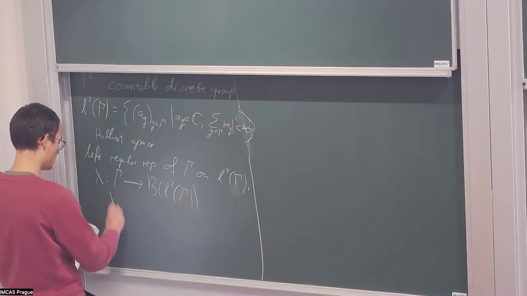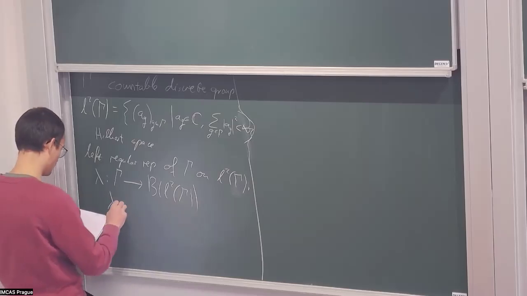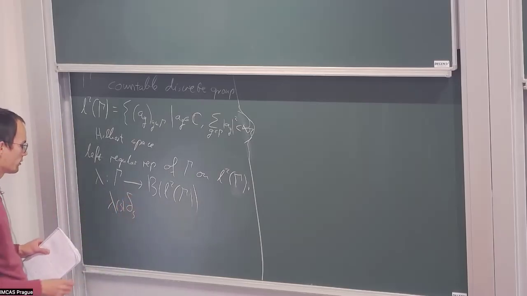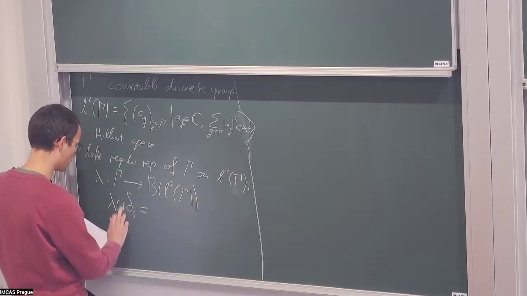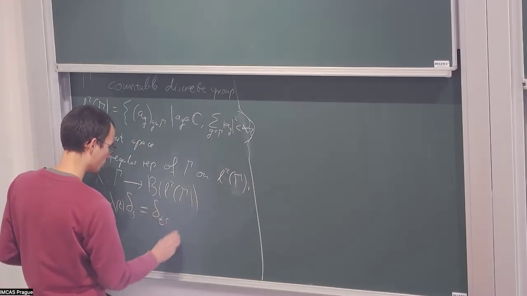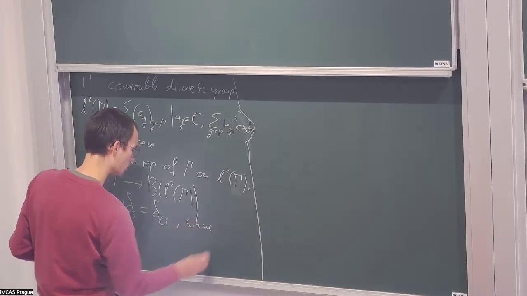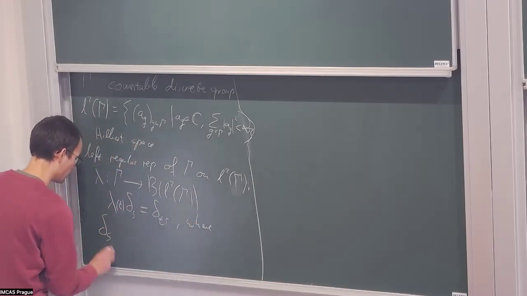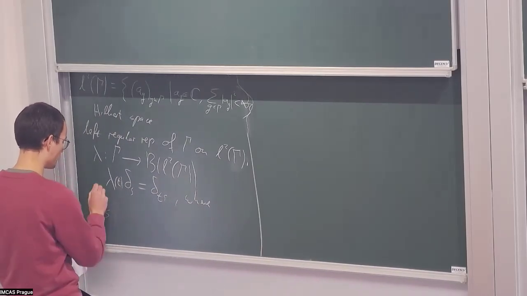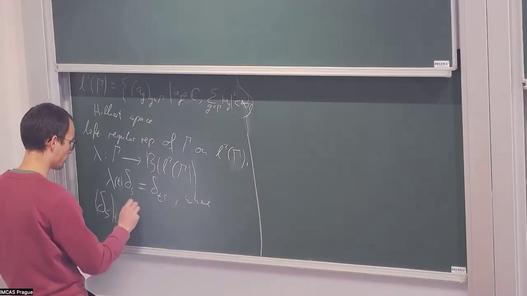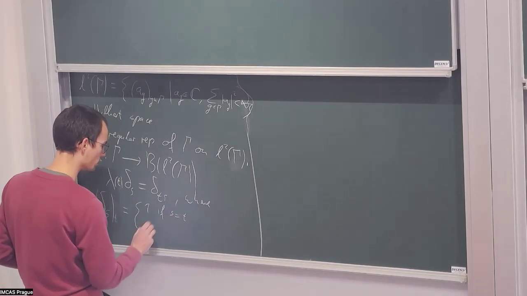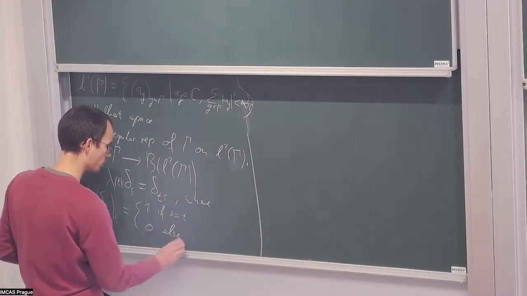I take a basis vector in L2 of gamma, delta S. I'll define what this is in a second, and I'll just shift it. Let's say this is T, then this would be delta TS, where delta S, if I take the Tth component, is 1 if S equals T and 0 otherwise.